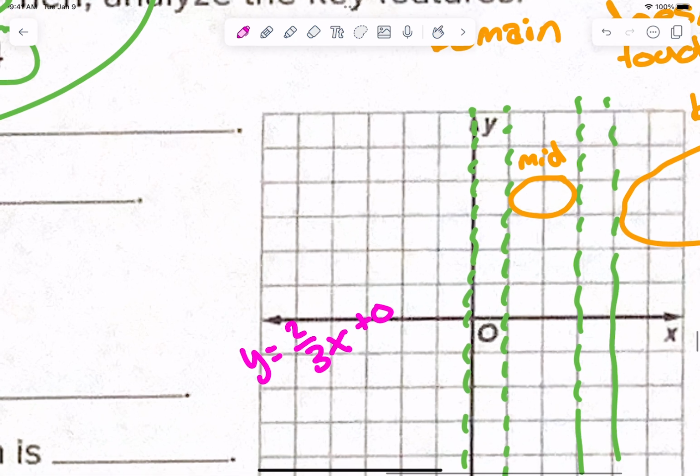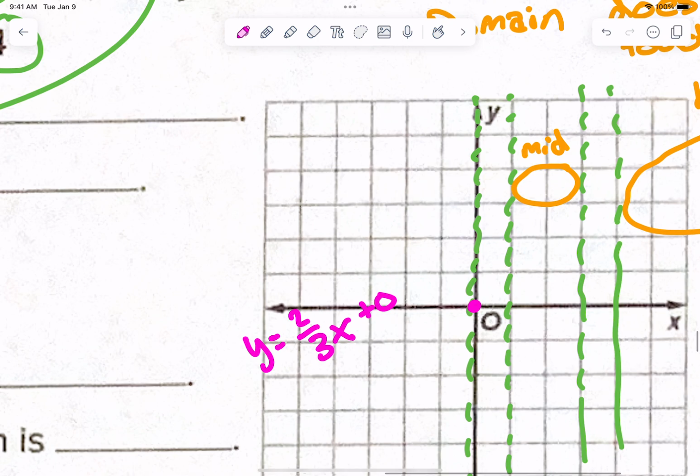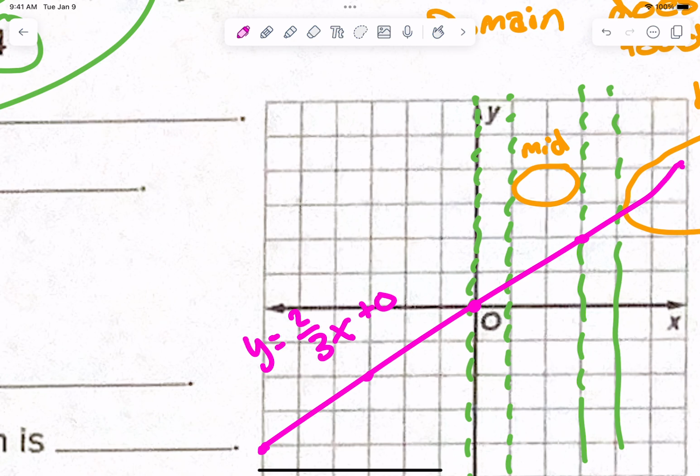So when I'm writing my linear function, I'm going to start at 0, and I'm going to go up 2 over 3, or down 2 to the left 3. So my function looks like this, right? Except I'm only going to graph it on this side of this line. So I'm only going to go from here on down, and that's where he's going to stop, okay?